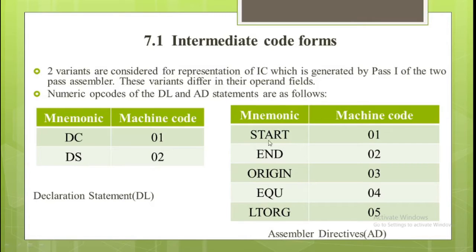For the corresponding assembler directives, if your instruction consists of the assembler directive START, it will be represented as the machine code 1. For END it is 2. For ORIGIN it is 3. For EQU it is 4. And for LTORG the corresponding entry is machine code 5.